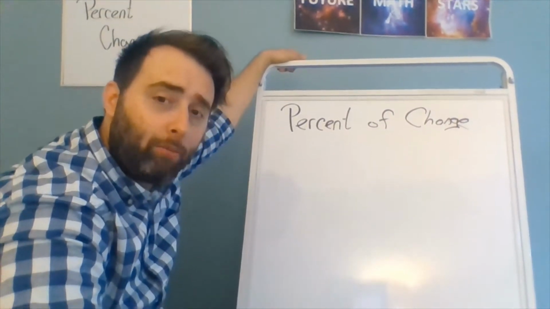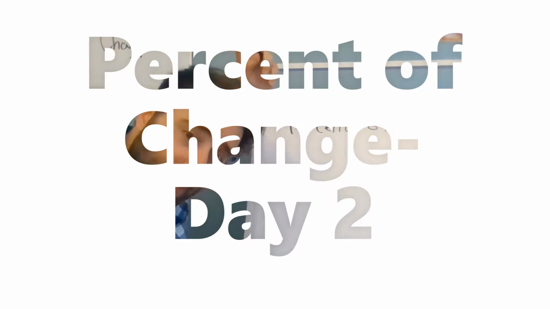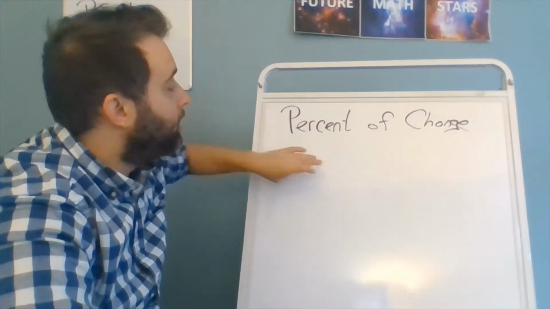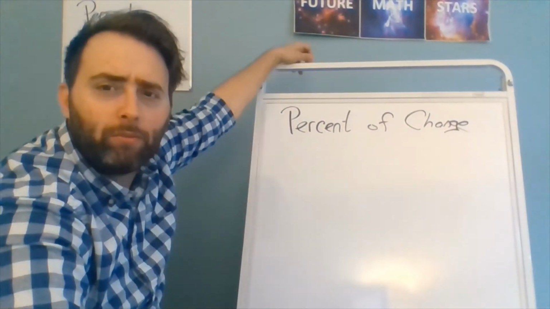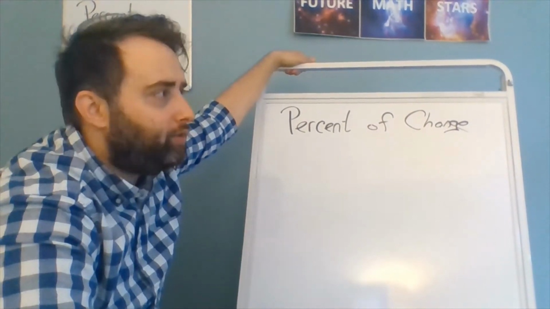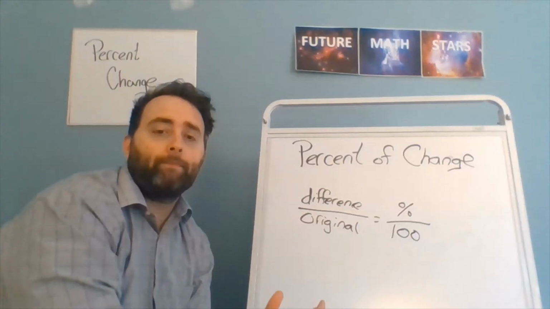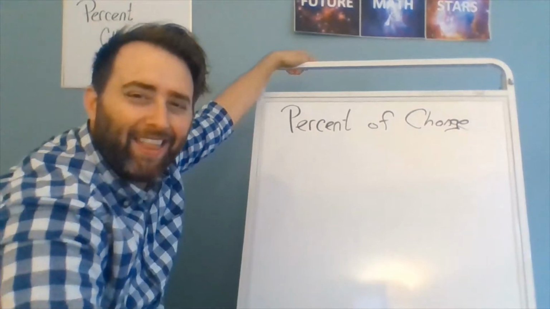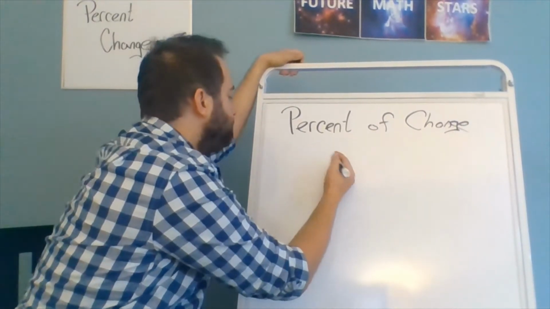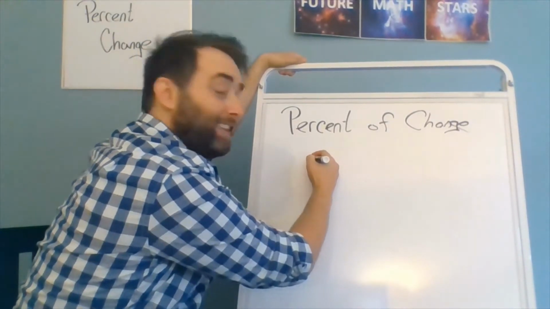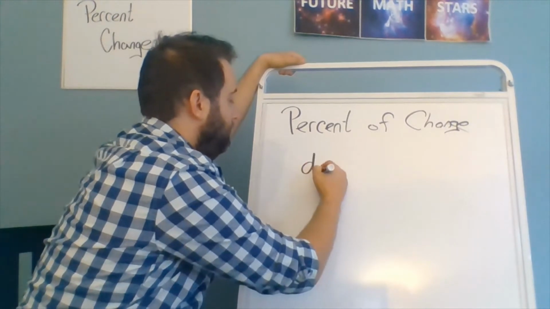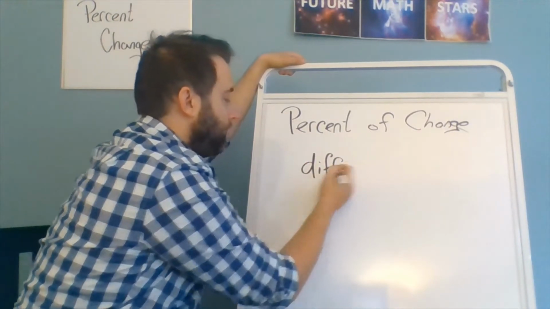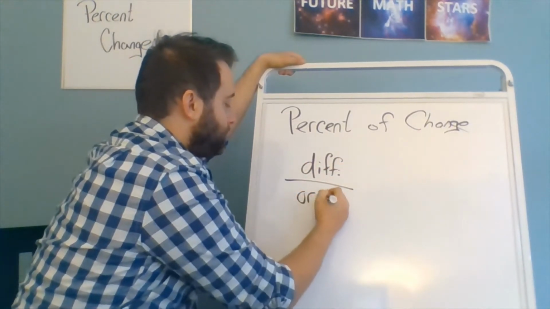Okay, so today is all about percent change, day 2. So, percent of change. What was our formula from yesterday? I don't remember. Let's take a look. Yeah, there it is. All right, so we have the difference over the original.